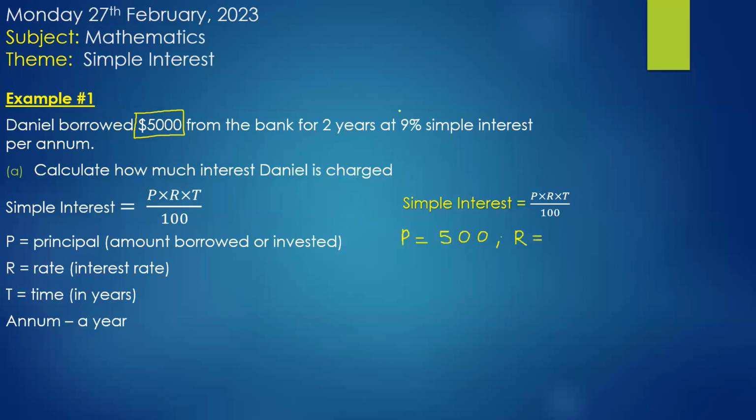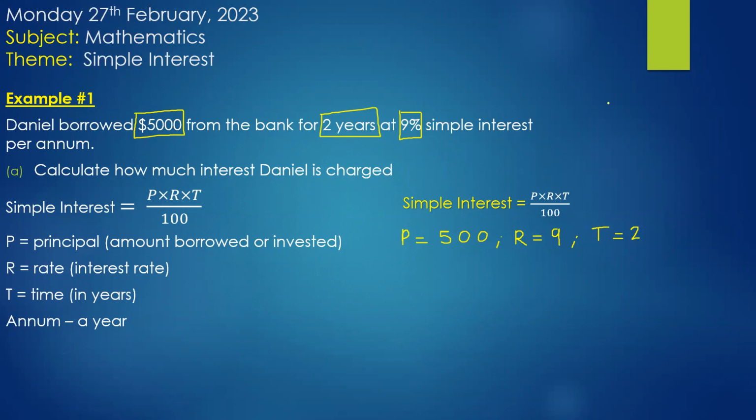Very good. R is 9%. And what is time? 2. Because time in years is 2 years, right? So time is equal to 2.